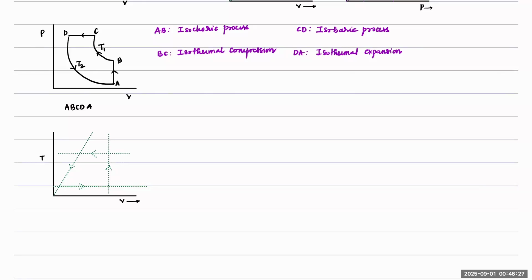So you can see we started off with this point A, we went all the way to B here, then we went to C here, then we went to D here, and these are the arrows of that.